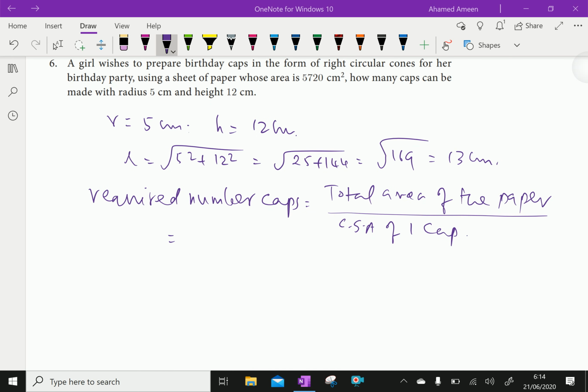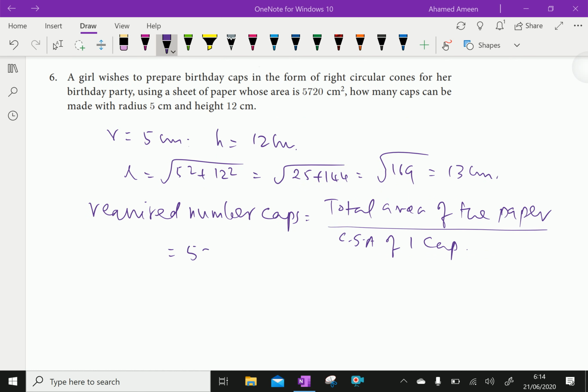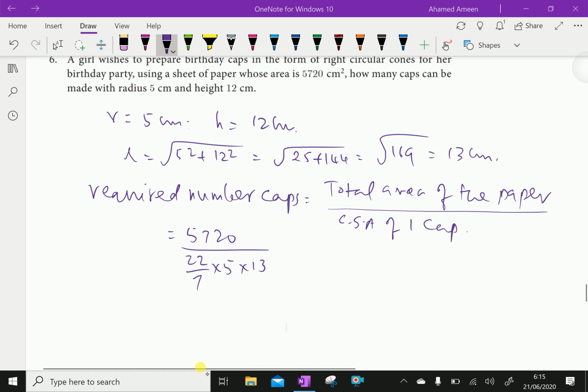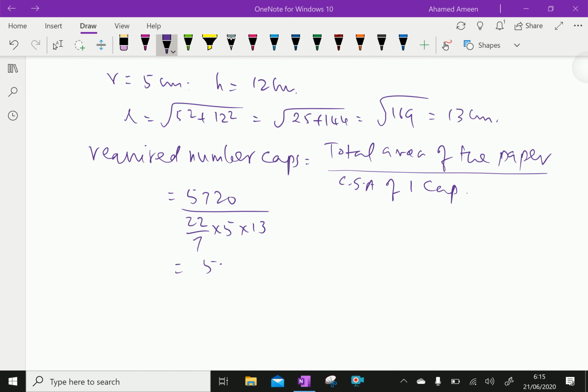Here the total area of the paper is given as 5720, over pi r l, that is 22 over 7, radius is 5 and slant height is 13. So we have the calculation: 5720 over 22 by 7 into 5 into 13.